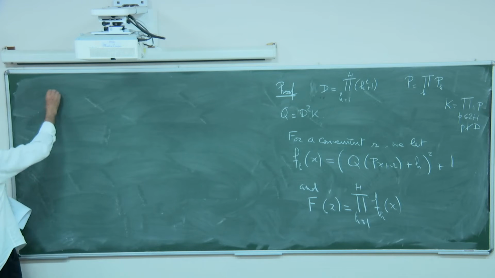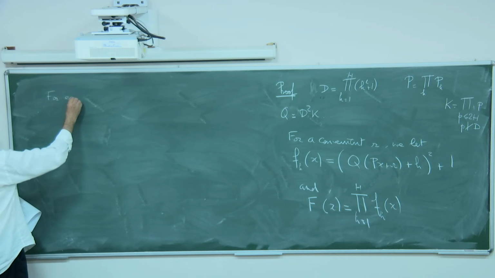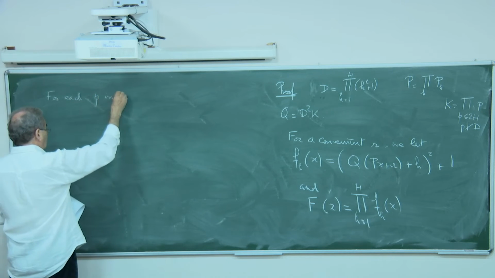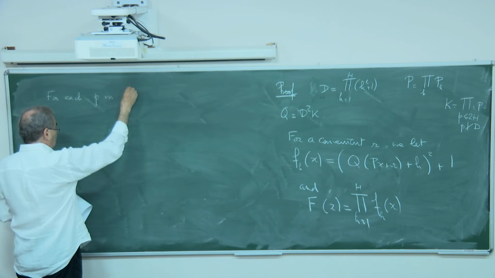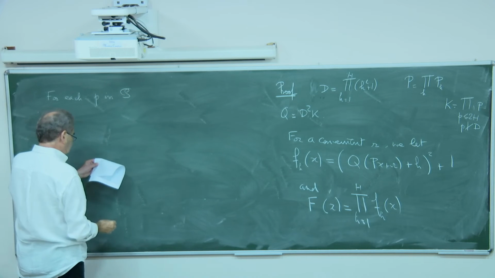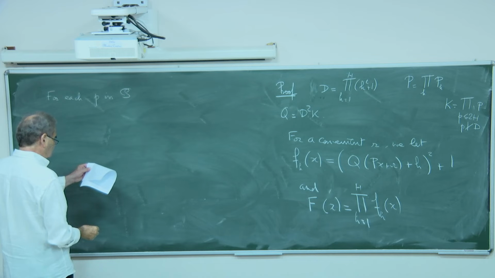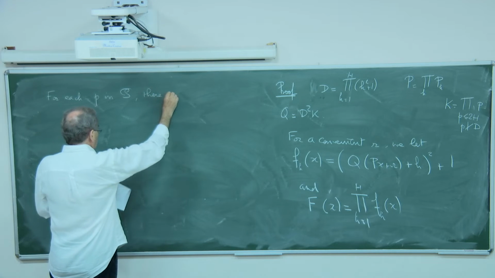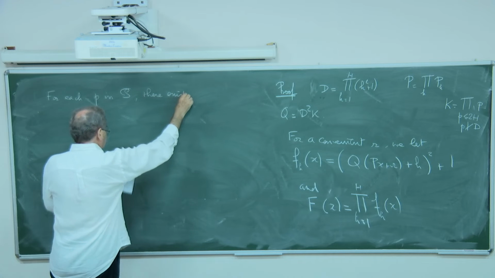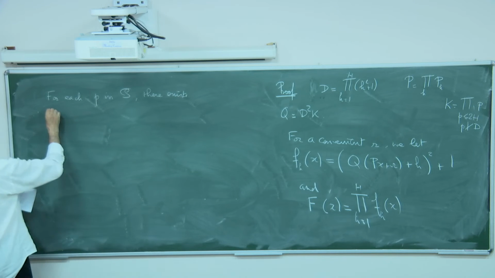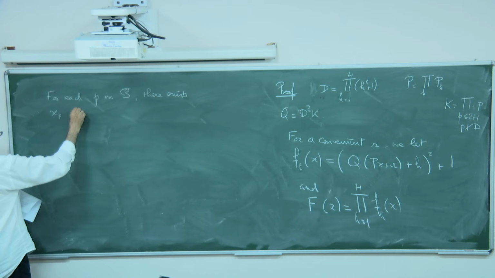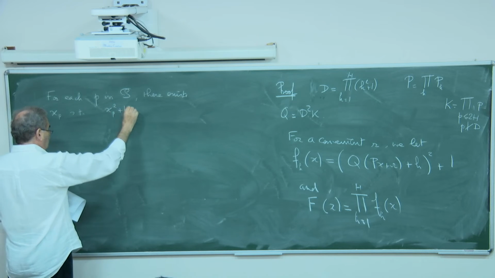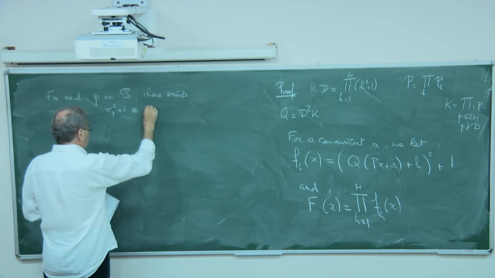So for each p in P, there exists x_p such that x_p squared plus 1 is congruent to 0 mod p.